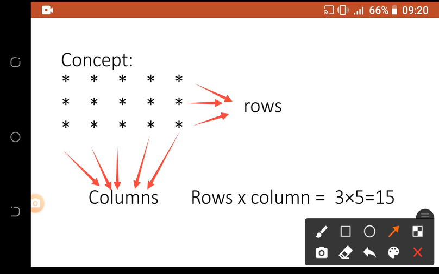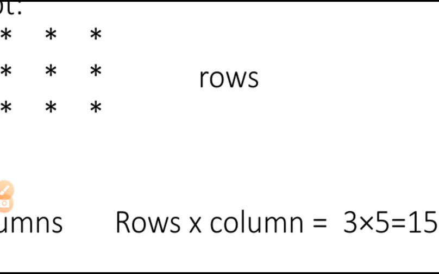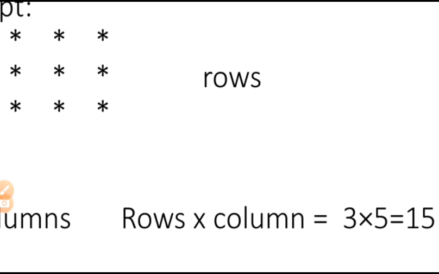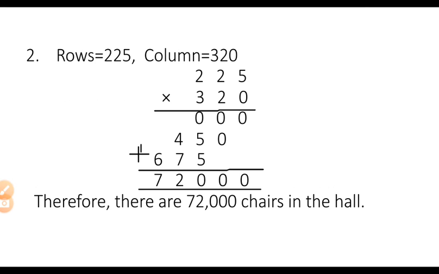So this is just to understand the concept, but we are going to apply this to what we are doing. Now it's time to look at how we can apply this. Since it means to multiply, we simply go to the next step and multiply.